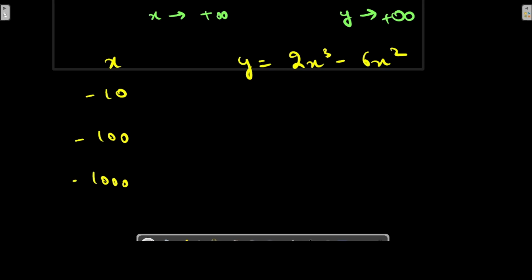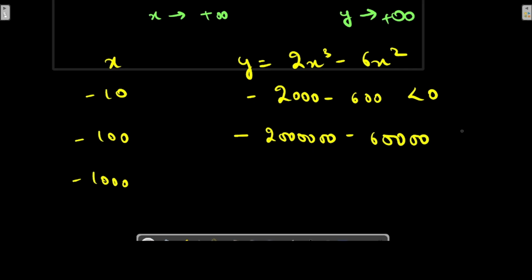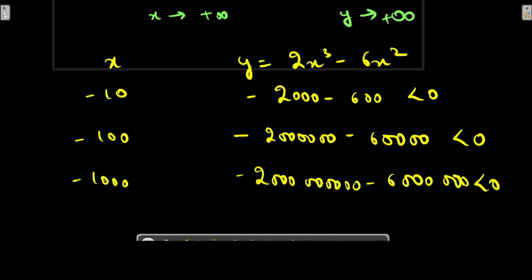So it's negative 2000 minus this, so it's less than 0. Then again less than 0. This one is in the similar fashion. Okay, so this gives as x tends to negative infinity, your y tends to negative infinity.